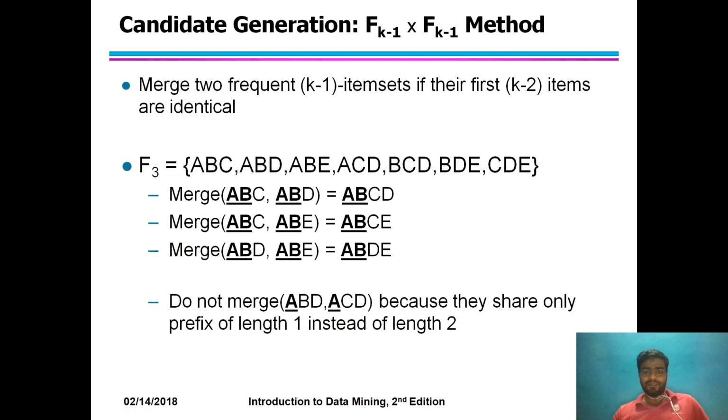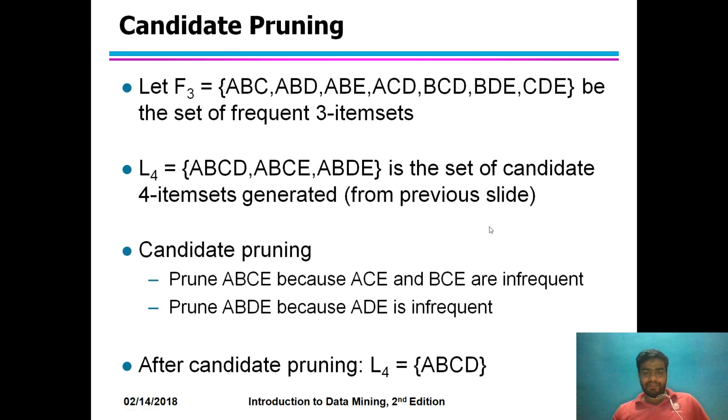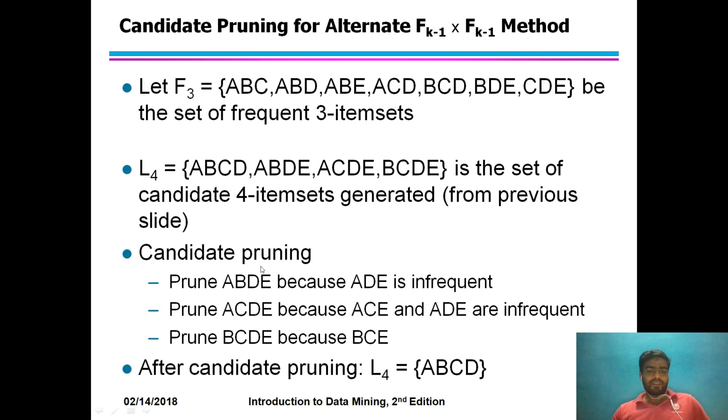If AC is infrequent and BC is infrequent, then a superset containing AC or BC cannot be frequent. So ABCD is pruned, and ACDE is also eliminated because AD is infrequent.